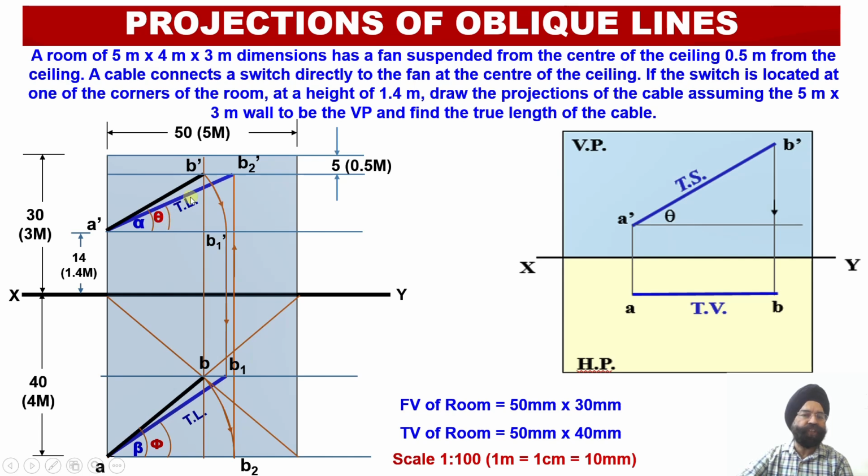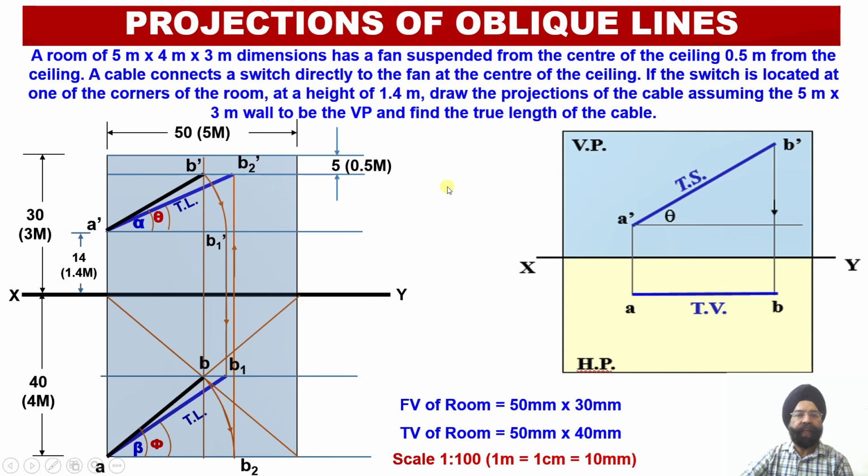Once again we can check that the true length of the line in elevation A dash B2 dash is greater than the apparent length A dash B dash in the elevation, and the apparent angle of inclination alpha will be greater than the true angle of inclination theta in the front view.